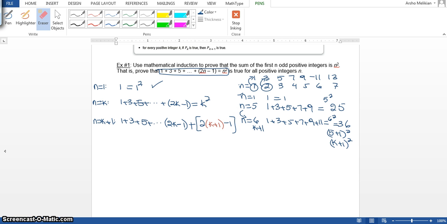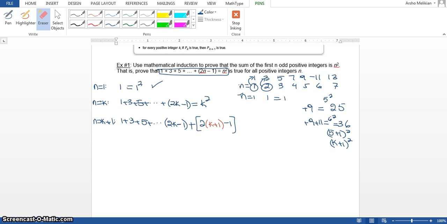We're switching n with k. Why? Because n is the total number of numbers that we're adding. K is just some random one in the middle.